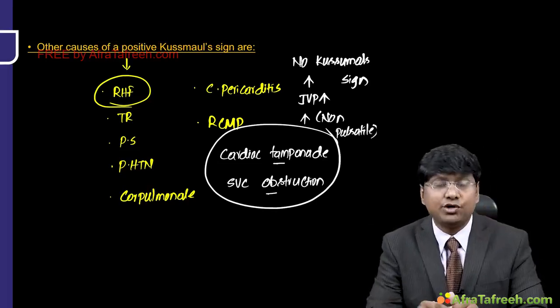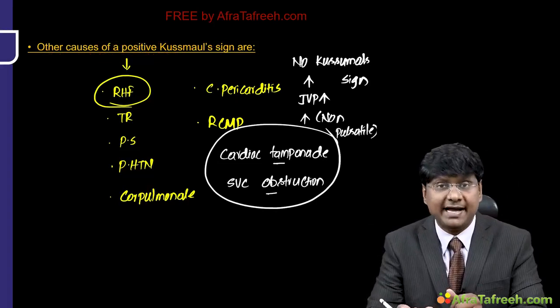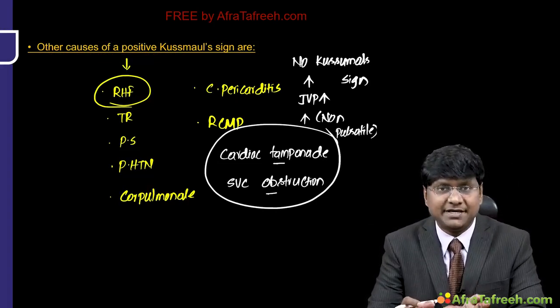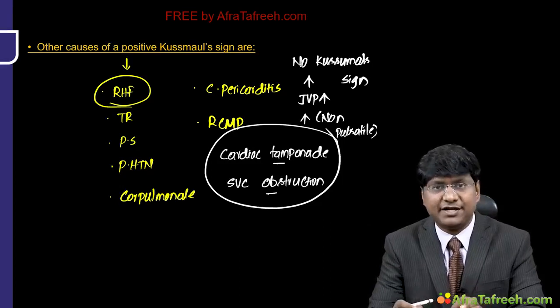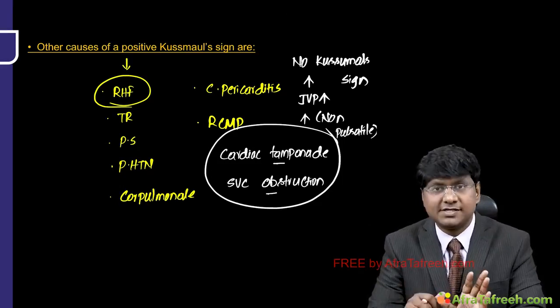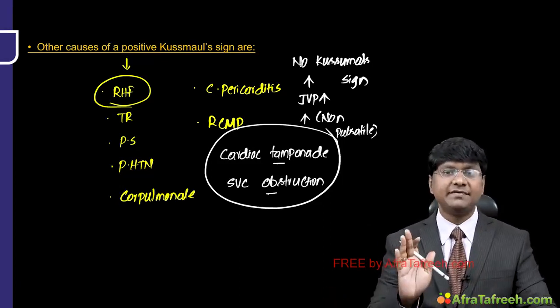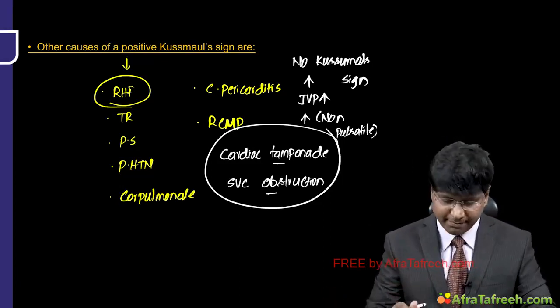Whereas Kussmaul sign is a pulsatile increase in the JVP during inspiration. So that is a very, very important difference that you need to make out.